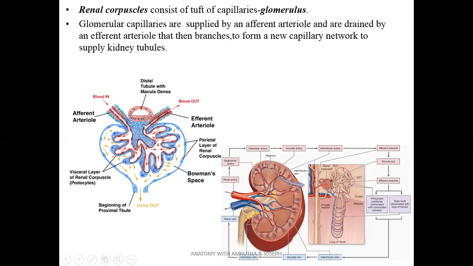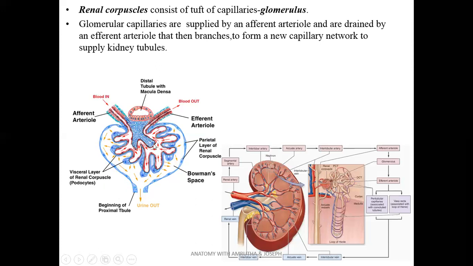And let's see the formation of the glomerulus, how the glomerulus is formed. Renal artery enters into the kidney, divides into segmental arteries, ultimately forming smaller and smaller arteries called afferent arteriole, which enters into the Bowman's capsule, and they form network of capillaries in this area called glomerulus.